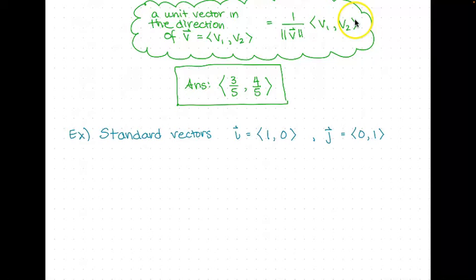So write vector v with the components of 3, 7 as a linear combination of i and j.